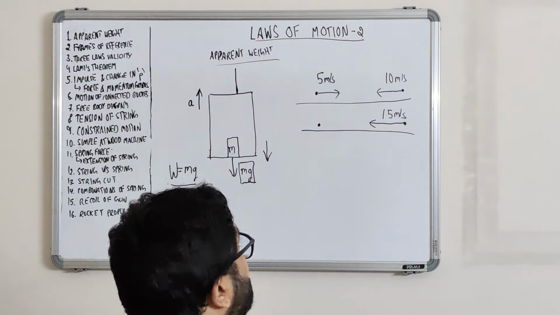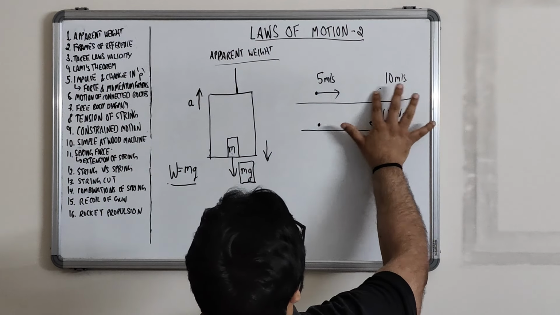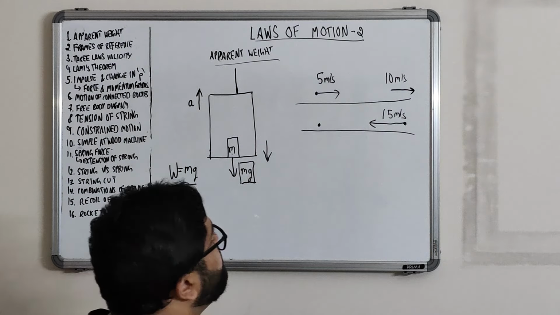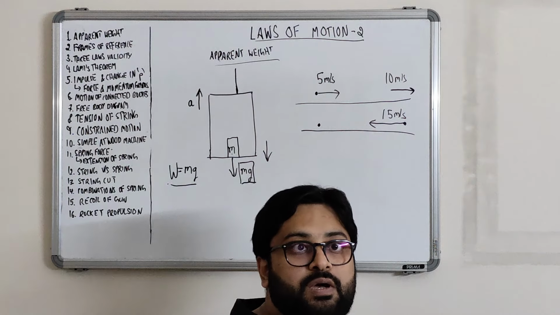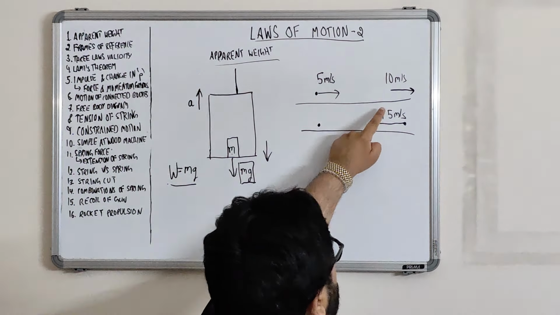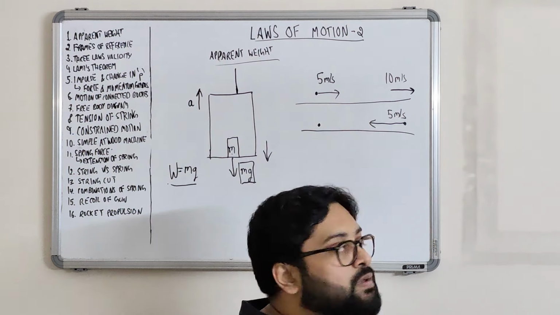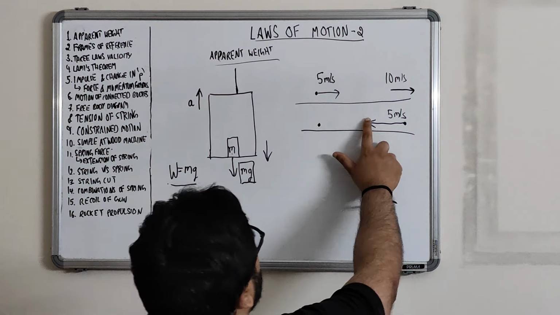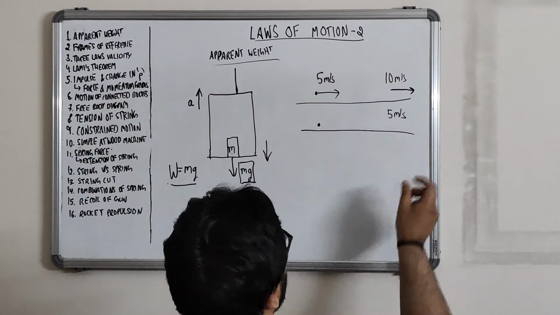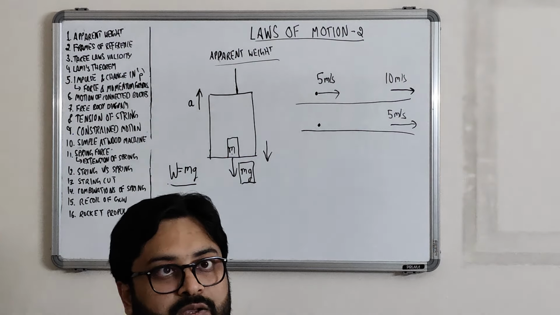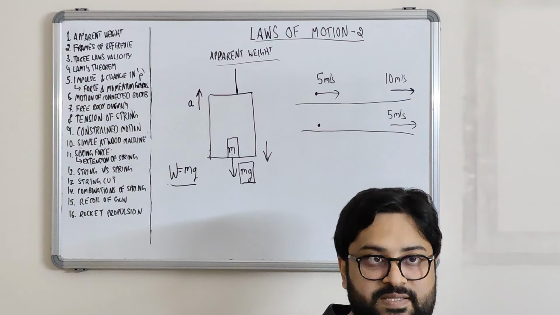If the train was moving in the same direction as you, then this would just have been 5 meters per second. But as it's moving in the opposite direction, the velocities add. So this is the concept of relative velocity, easily understood.